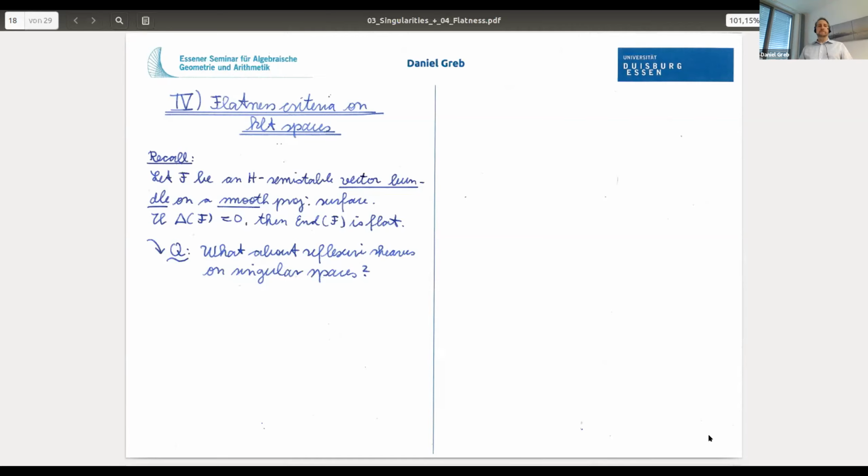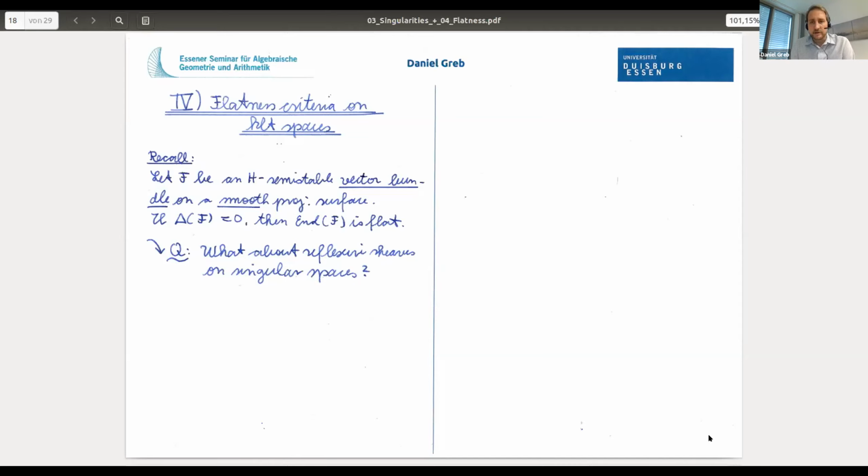Yeah, and for this I want to recall the strong version of the theorem of Bogomolov on the discriminant, which I had on the summary page, which I showed at the beginning of this second lecture. So I take an H-semistable vector bundle on a smooth projective surface, and I point out that I have two regularity assumptions here.